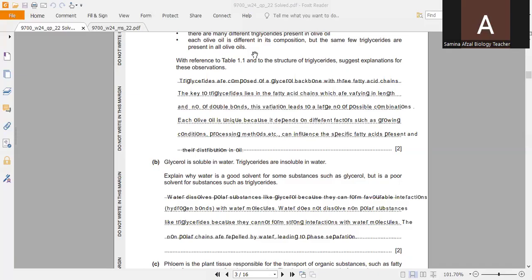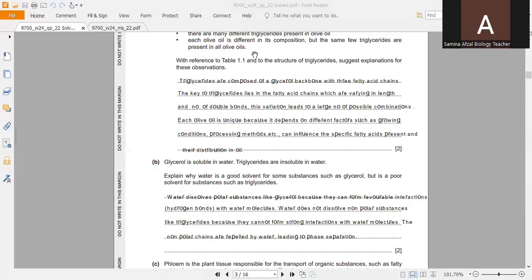Olive oil is very common to all of you. The specific composition of triglycerides varies from one olive oil sample to another. Different samples will be different from each other. But some triglycerides are very common; a few specific triglycerides are found in all olive oils.